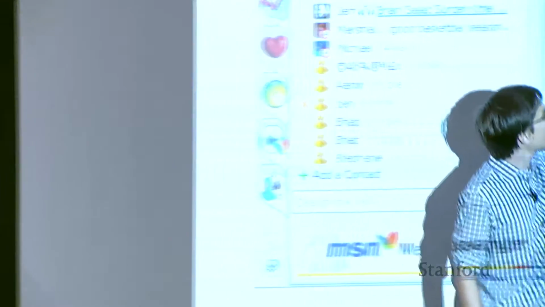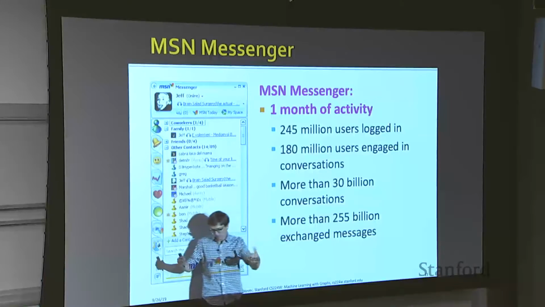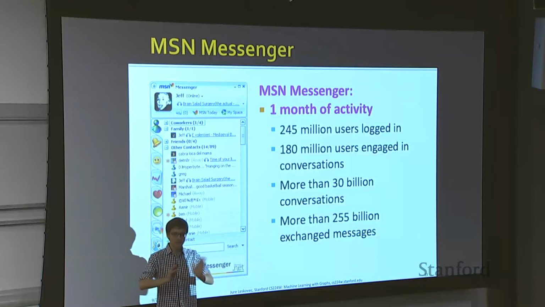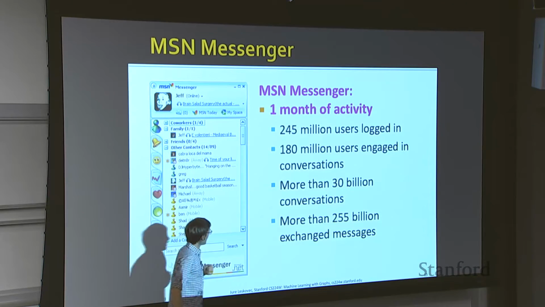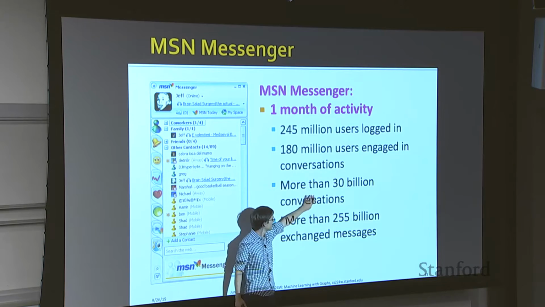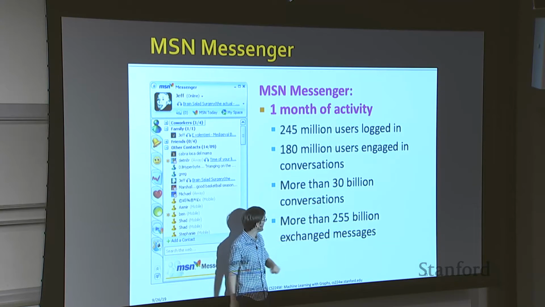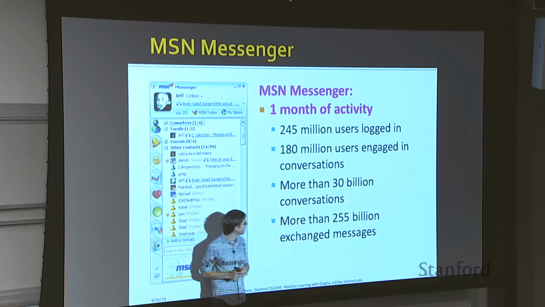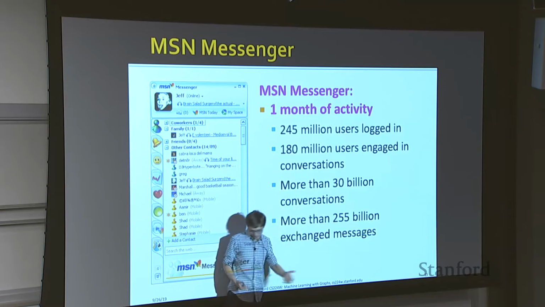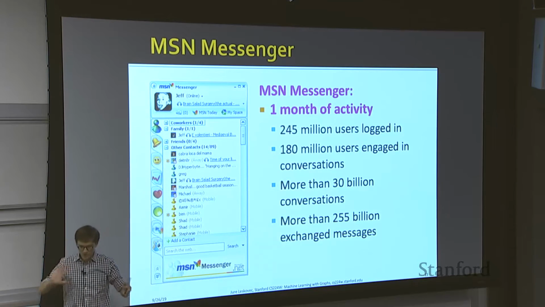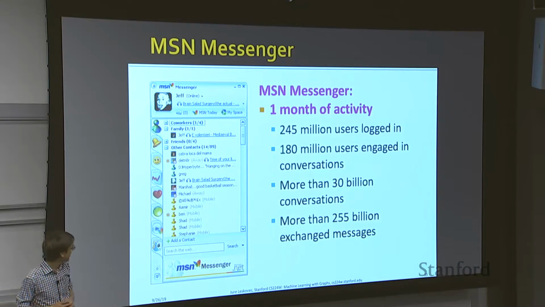And in 1 month, 180 million people actually engaged in conversations. So they exchanged messages. There was about 1 billion conversations a day, many more billion messages. So 30 billion conversations, and 255 billion messages exchanged over that 1 month period, right?